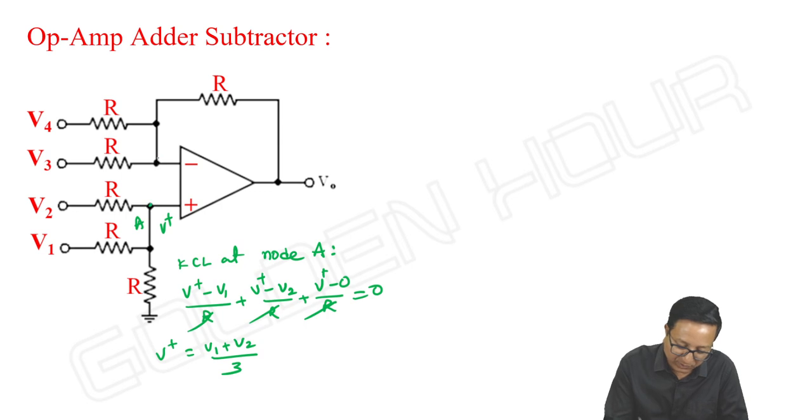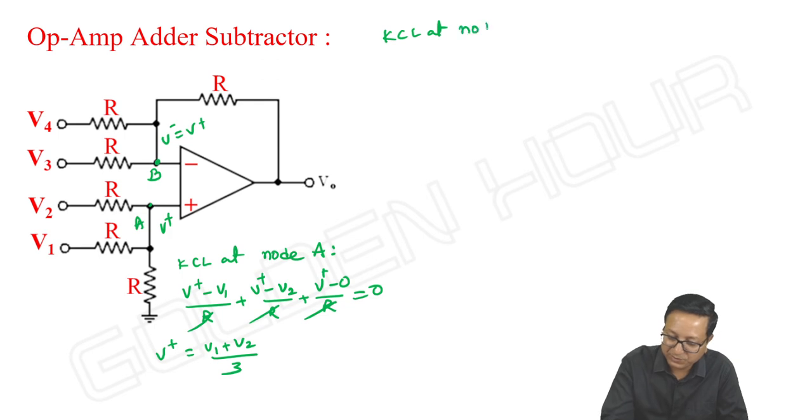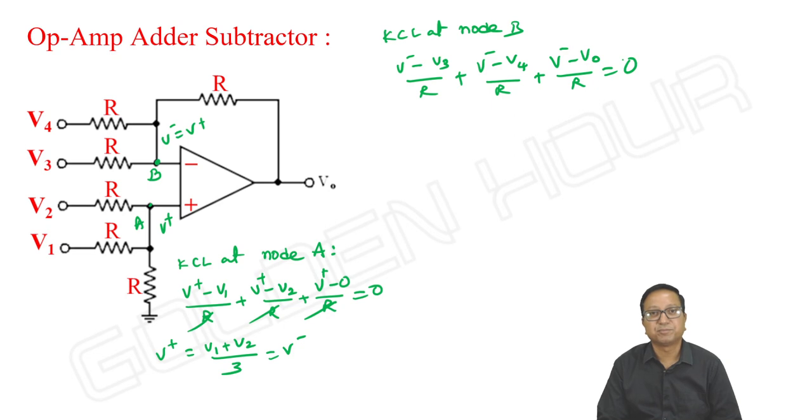Once you know the voltage at this point, next due to virtual short, V minus is equal to V plus. Let me take this as node B. Okay, KCL at node B. It is V minus minus V3 by R plus V minus minus V4 by R plus V minus minus V output by R is equal to 0.